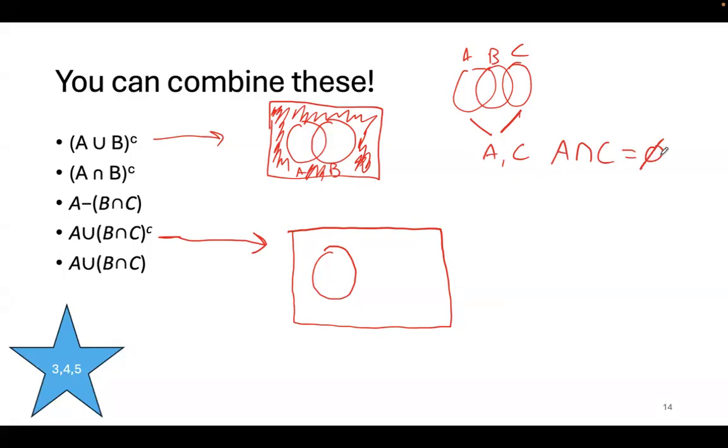We've drawn them completely separate, no overlap. That's fine if we know that A and C are disjoint. But since we're working with just general sets, we don't necessarily have that as a guarantee. So the way I would recommend drawing it for now is 3 overlapping circles.